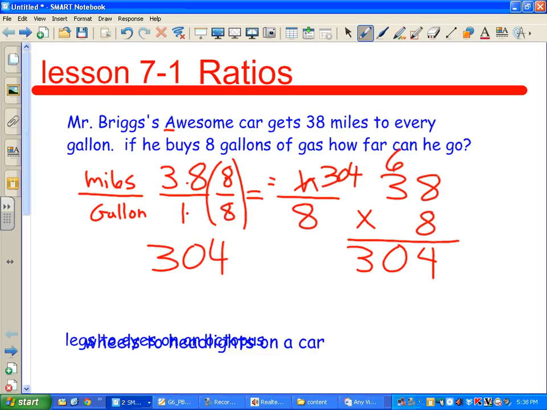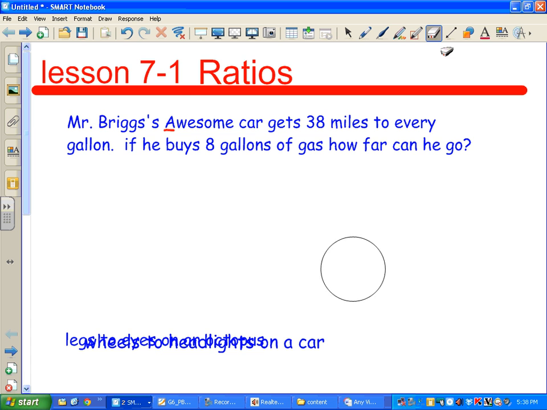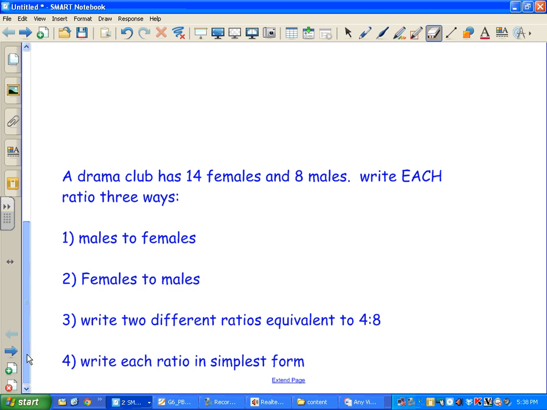And the Kessler rule says we have to label everything. 304 miles. All right. That is how we solve a ratio problem. Keep this in mind when we work a little bit farther in this chapter. This is a very simple example, and it pays to draw a picture or to organize your ideas.